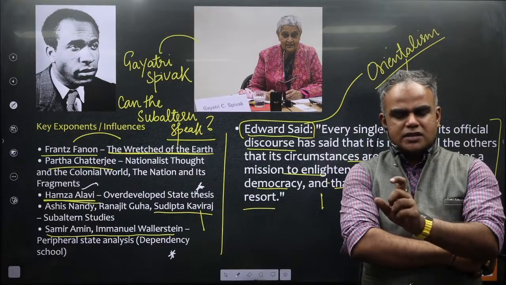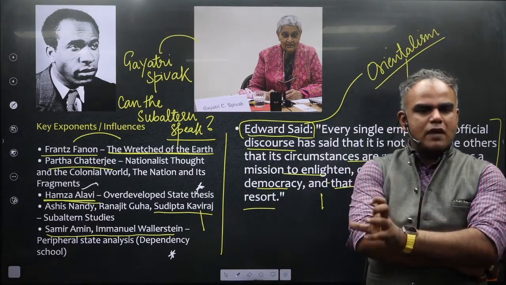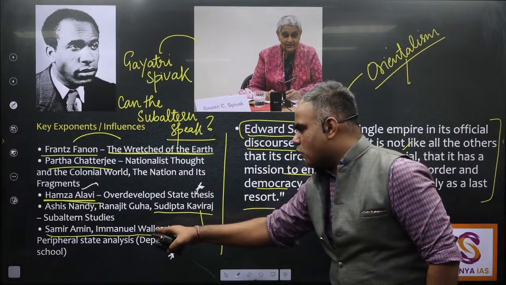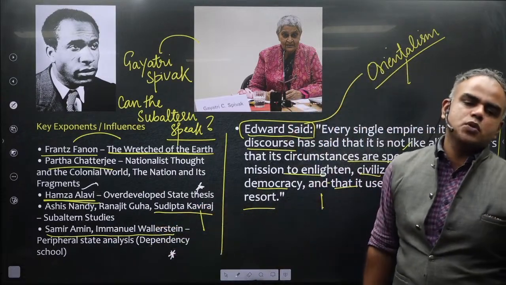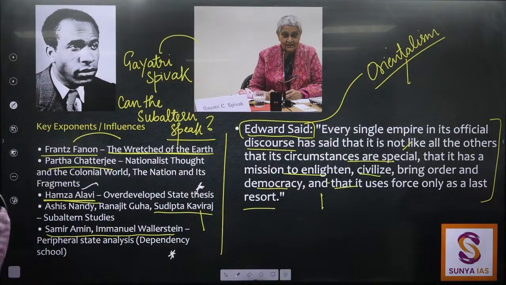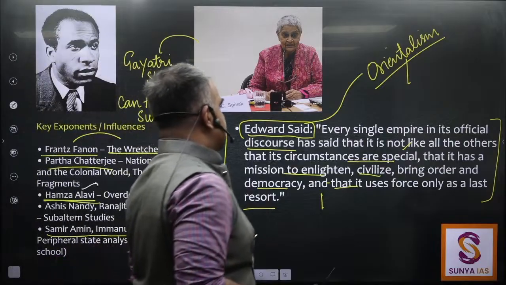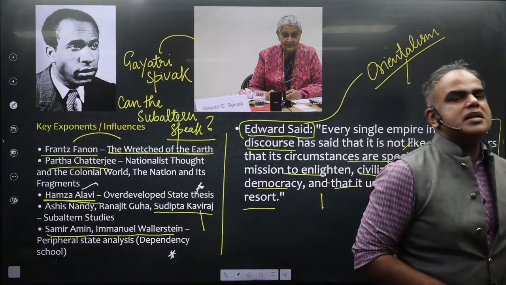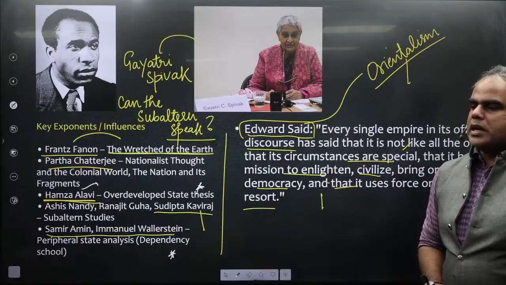And when you write these terms, core and periphery, in brackets you have to mention either Immanuel Wallerstein or write dependency school. So this is also a key feature of post-colonial states, that they continue to suffer economically despite having gotten independence. Okay?